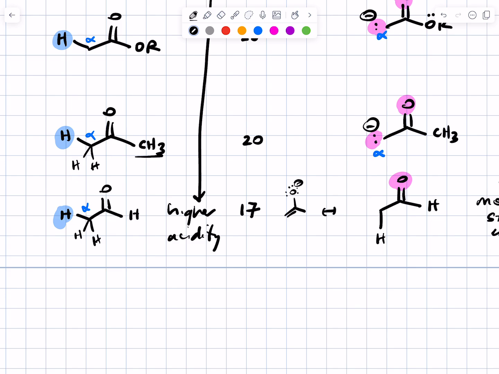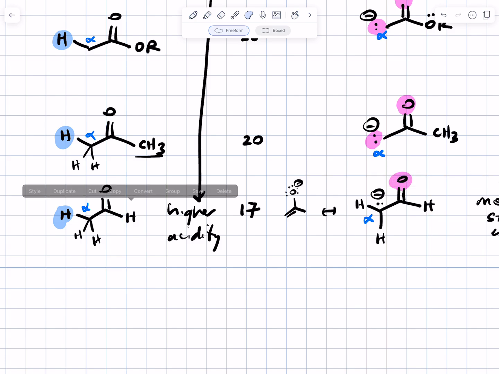So the only thing that happened is one of the 3 protons on the alpha carbon was removed. The other proton on the aldehyde there is not very acidic. And that is because its conjugate base is not stabilized by resonance. Okay, what else?